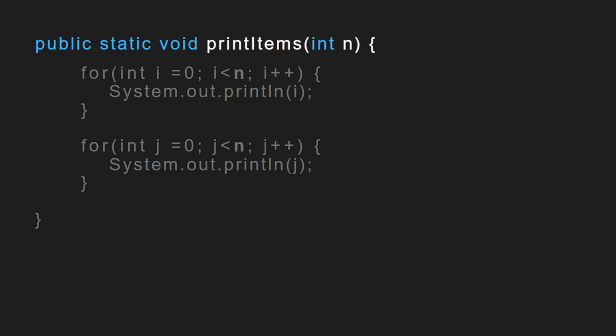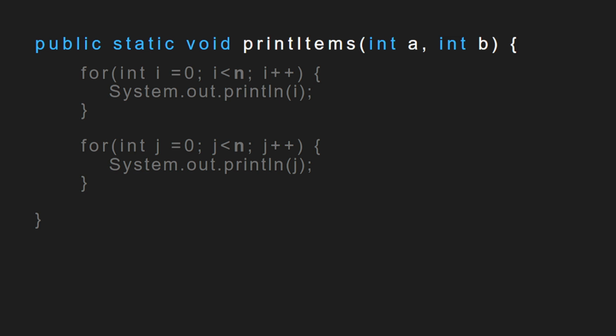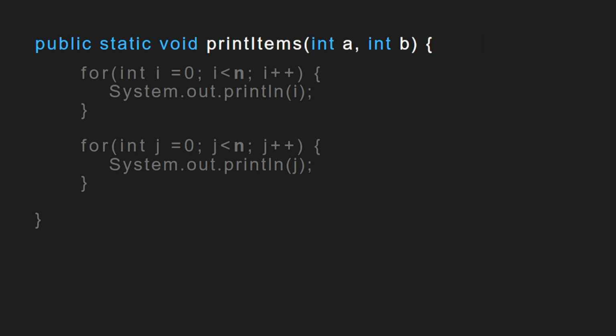The change we are going to make to this is, instead of passing this one argument, we are going to pass it two arguments, and then we are going to say the first for loop is going to run A times, and the second for loop is going to run B times.